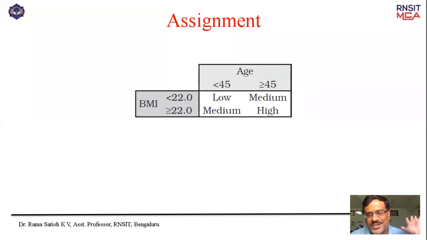So this is the question. You have to take his age and his BMI, and tell whether he has a high, low, or medium risk of heart attack based on this particular chart. Let me see who will give the right answer.